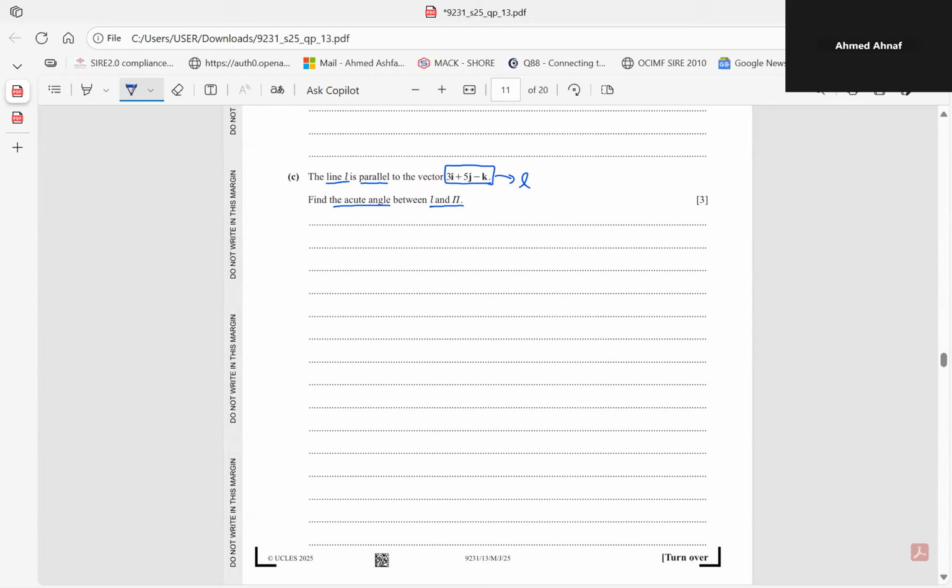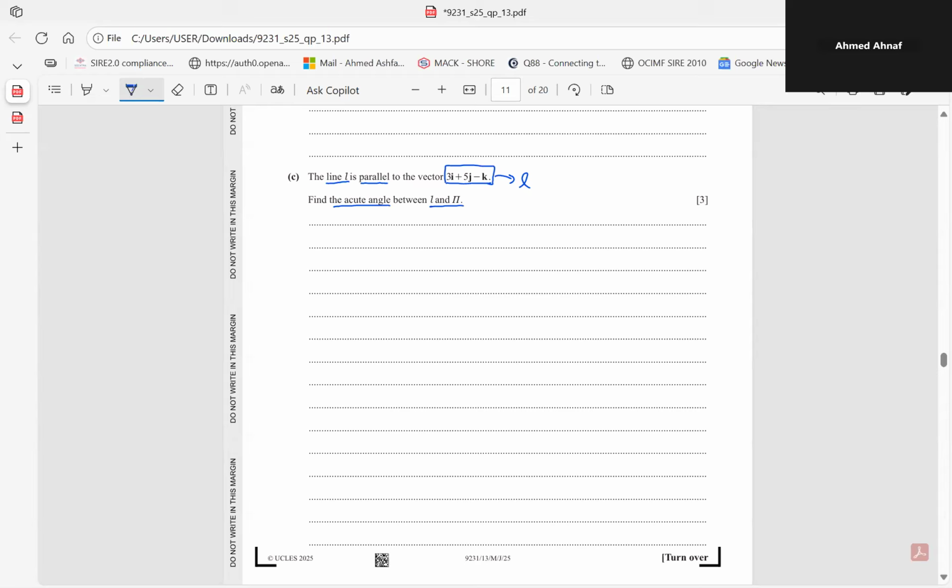And to find this angle, we are going to have to find this angle first, which I'll call 90 minus theta. So if we get an acute angle, we're going to do this.